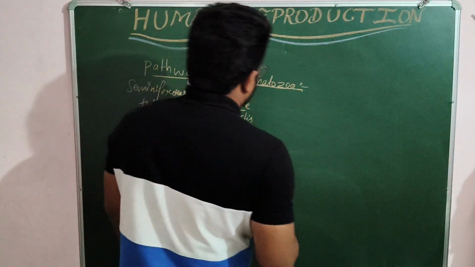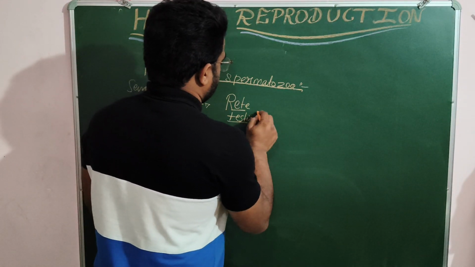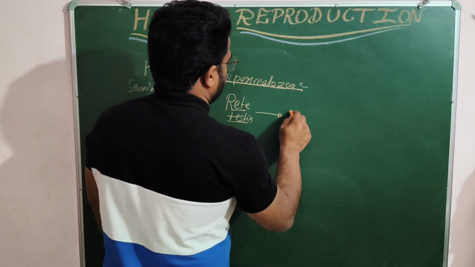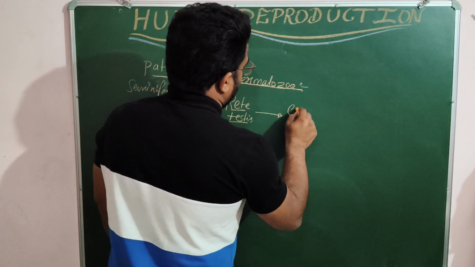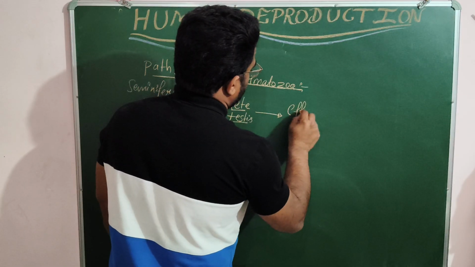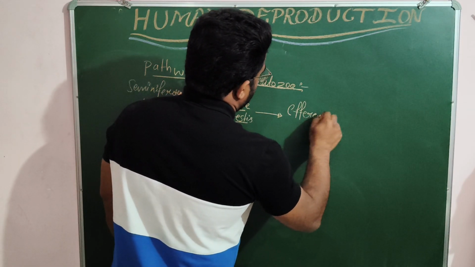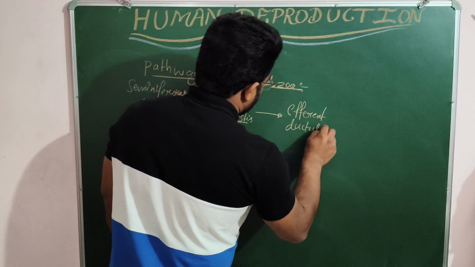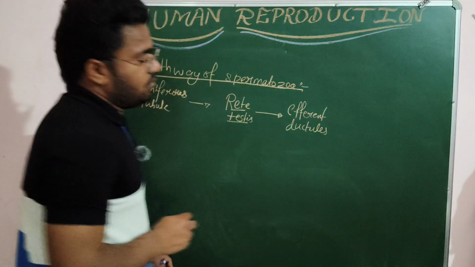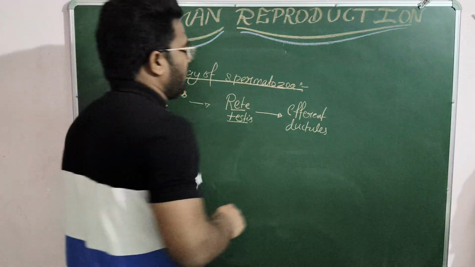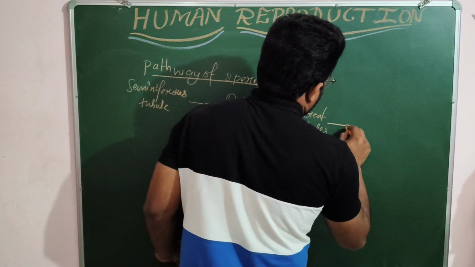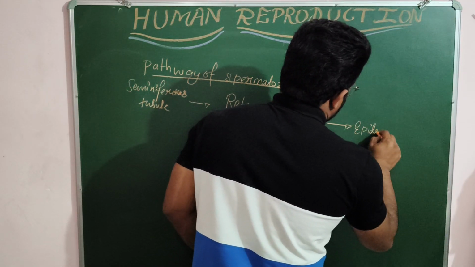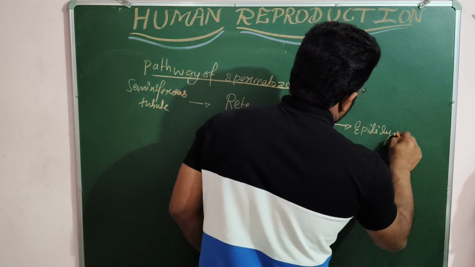So a network of fine tubules forms the rete testis. From here, spermatozoa are transferred to efferent ductules, also known as vas efferentia. After the efferent ductules, it is transferred to epididymis.